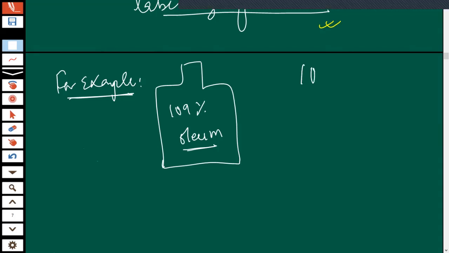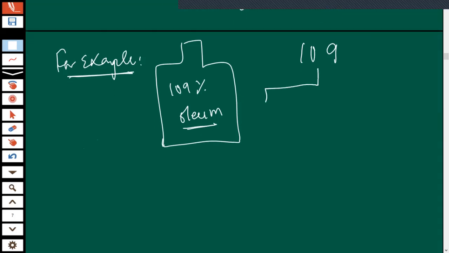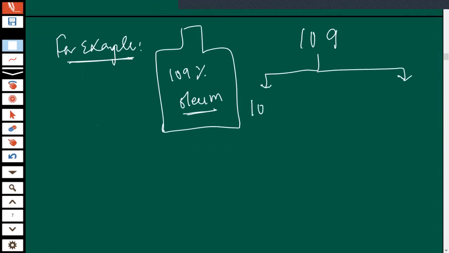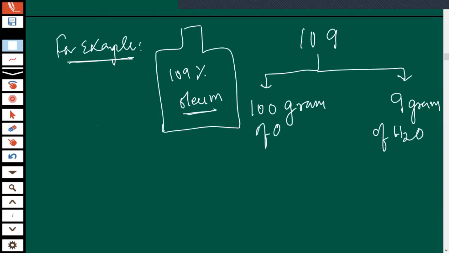When 109 is given, children, your first work is to divide into two parts. Bring 100 here and 9 here. What is this 9? This is 9 gram of water. And this is 100 gram of oleum. You have to do it like this only.